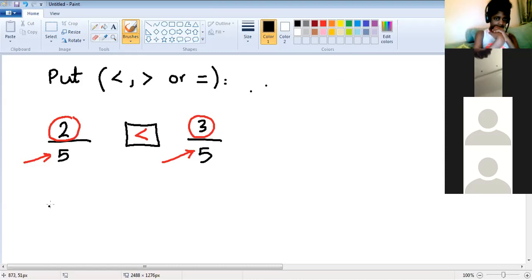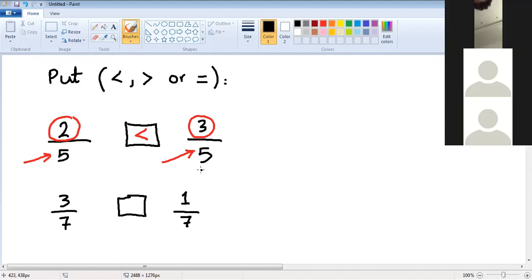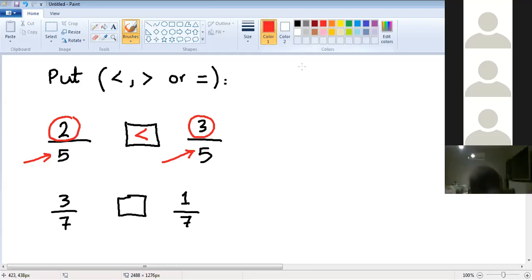Muhammad, 3/7 is bigger or 1/7? 1/7 is bigger? Why? Because if you do it, it will be 7/7. Yes, Natash, what is your opinion?